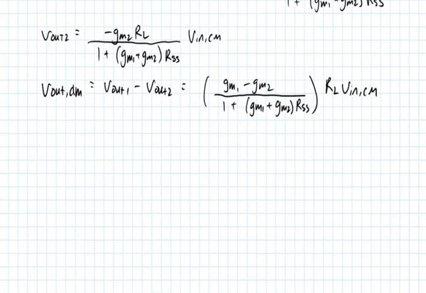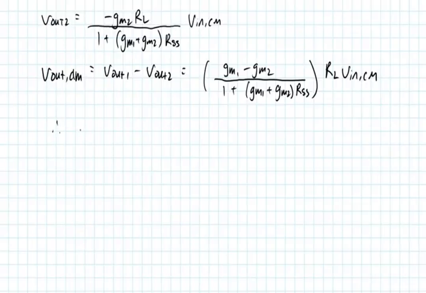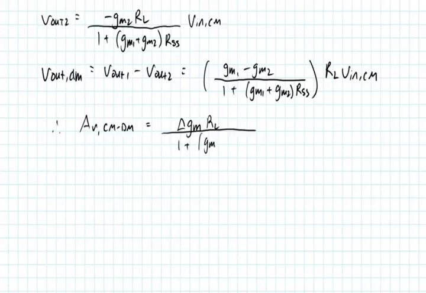Okay, so therefore, after all of this, we can say that the common mode to differential mode gain of this resistively loaded amplifier is essentially equal to delta GM, the difference in transconductance of our two elements, times RL, divided by (1 plus (GM1 plus GM2) times RSS). Okay.